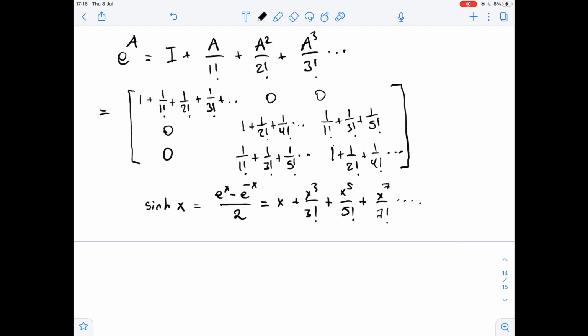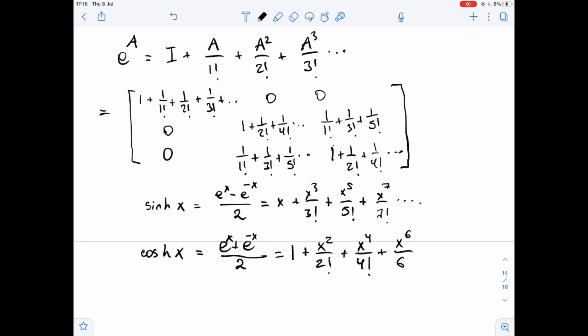While cosh of x equals e to the power of x plus e to the power of negative x over 2. So this equals 1 plus x squared over 2 factorial plus x to the 4th power over 4 factorial plus x to the 6th power over 6 factorial, and so on.